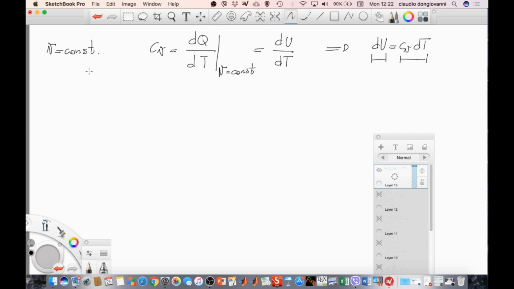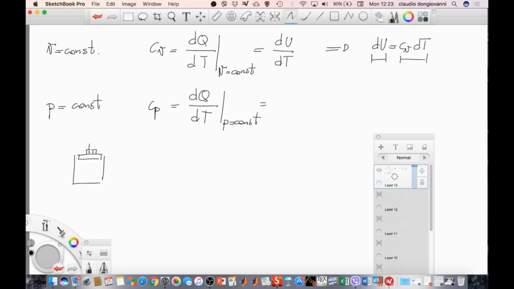With a constant pressure process, you can write the previous relationship, like before. Always refer to that system, but now the system is of this type, okay?